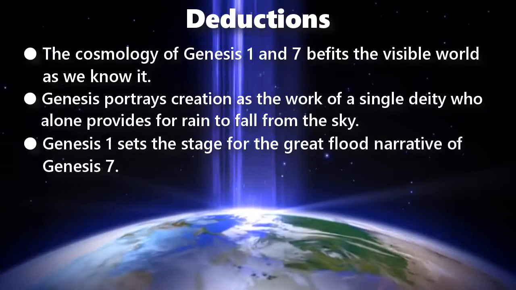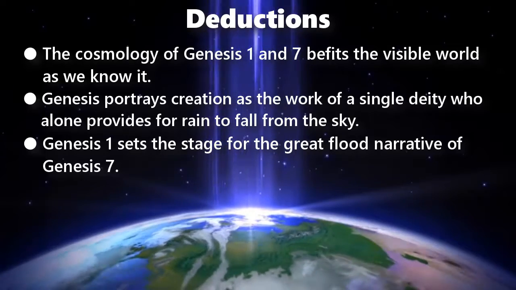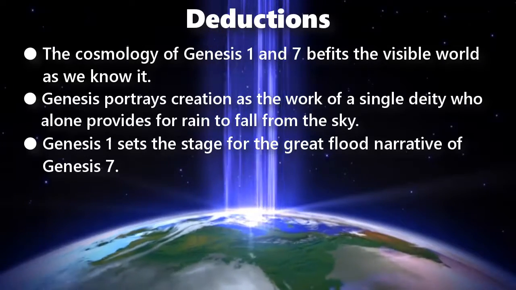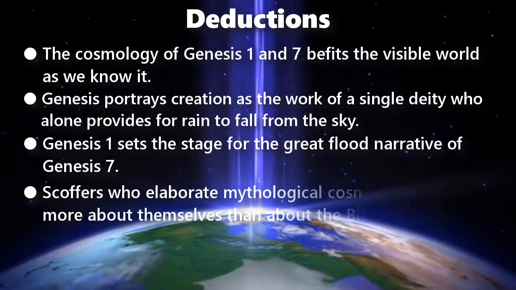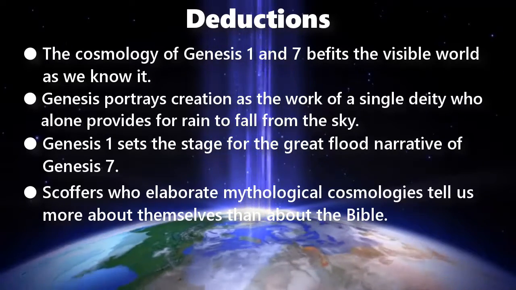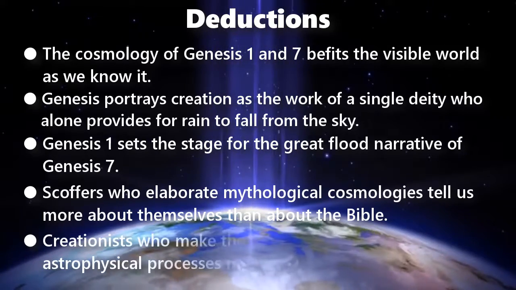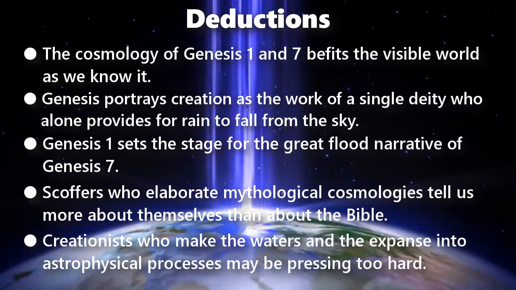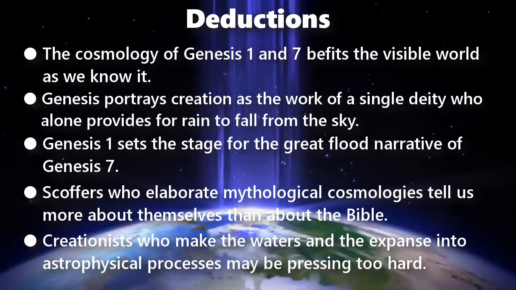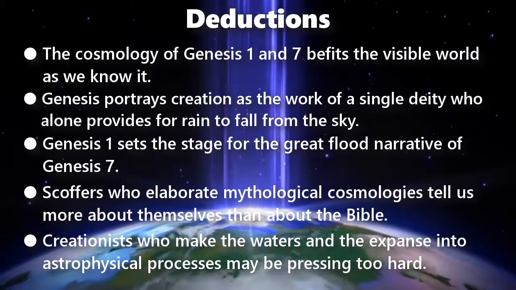Genesis chapter 1 sets the stage for the great flood narrative of Genesis chapter 7. Scoffers who elaborate mythological cosmologies tell us more about themselves than about the Bible. Creationists who make the waters and the expanse into astrophysical processes may be pressing too hard.